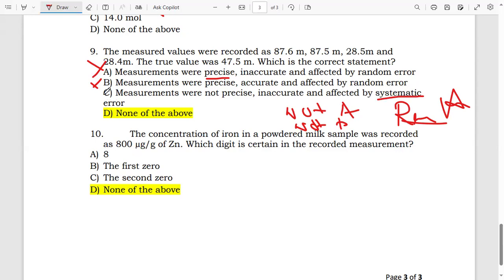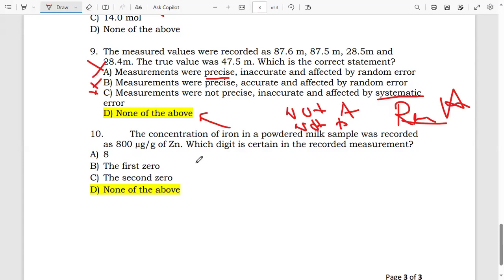So A, B, and C are not answers. The answer would just be none of the above, even though it's not given as an option. Even none of the above can be the answer, guys, so just analyze the questions properly.